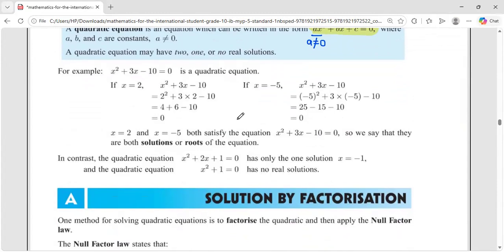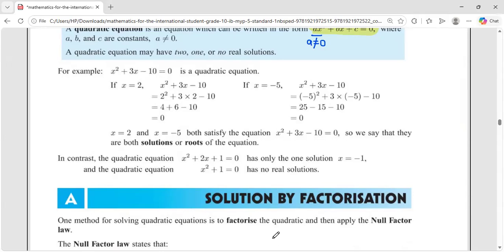When we say that x is equal to 2 is a solution, what does it mean? That means 2 is on the line or on the curve. We'll talk about the graphs of quadratic equations in a while, how the graph looks and how it works. But here, just take a small example, x square plus 3x minus 10 equal to 0.